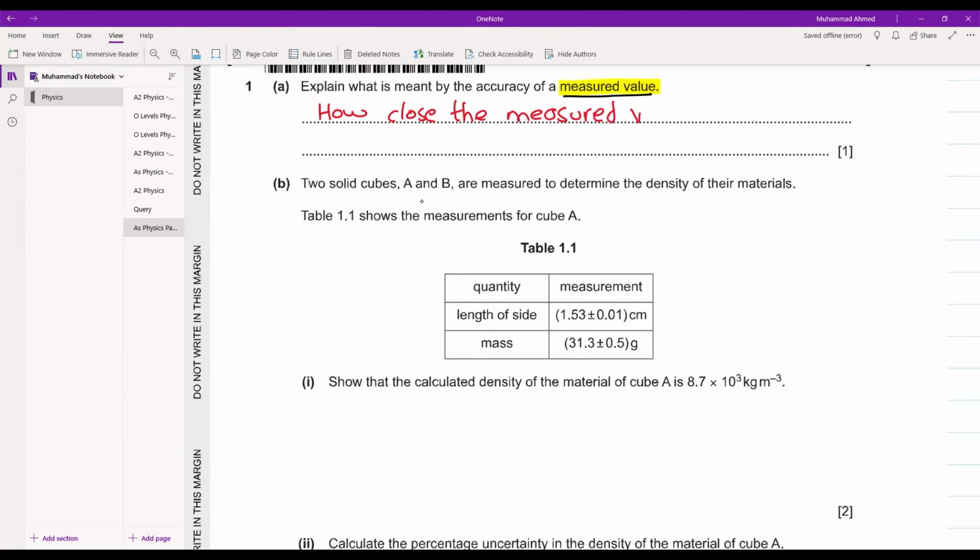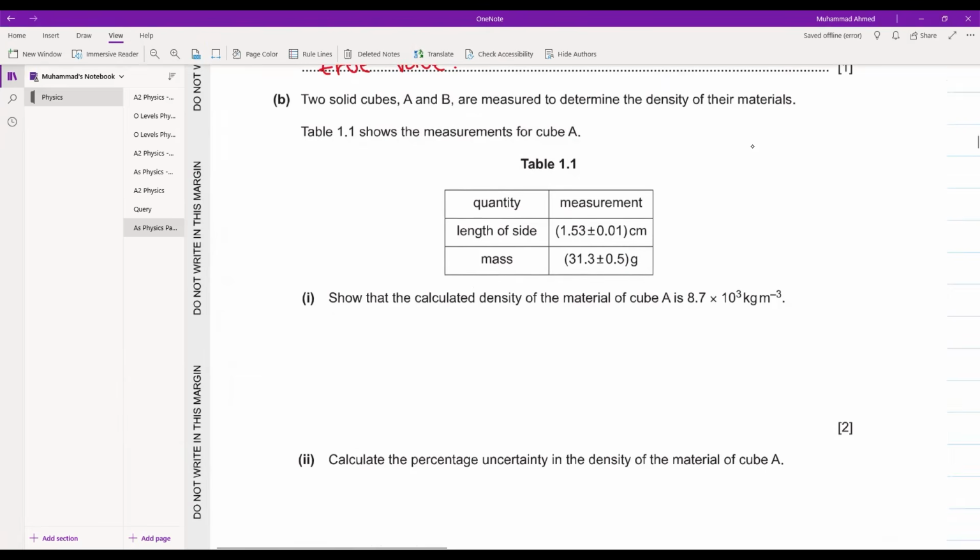How close the measured values are to the true value is basically accuracy.